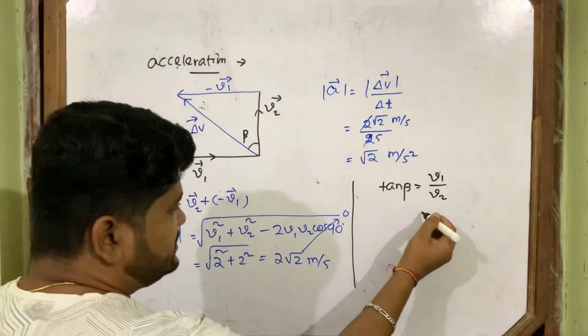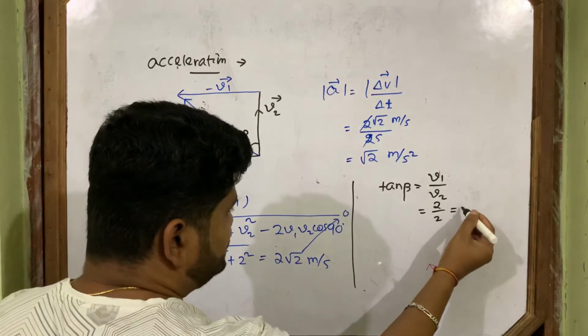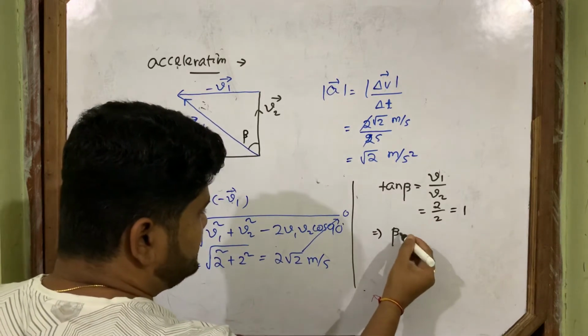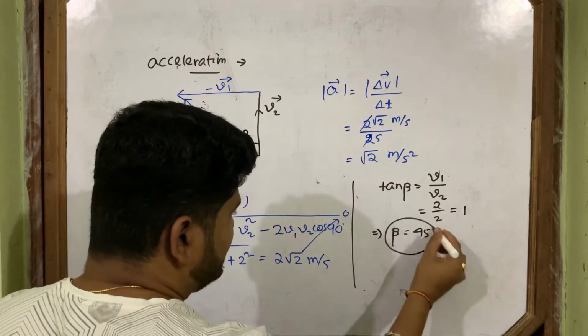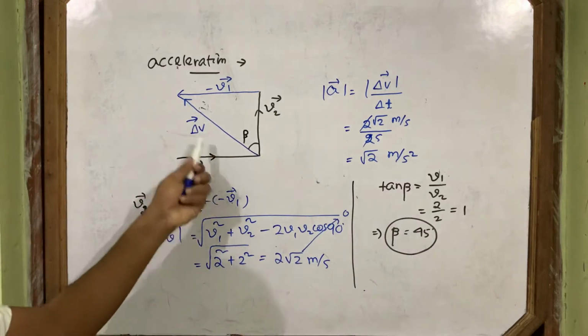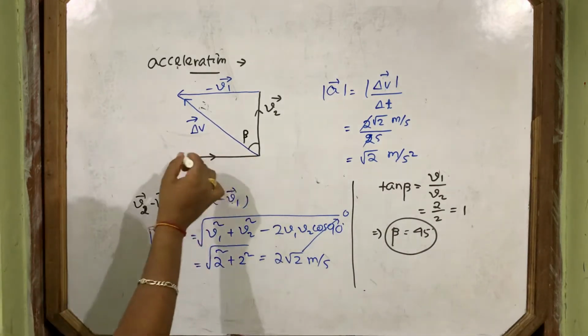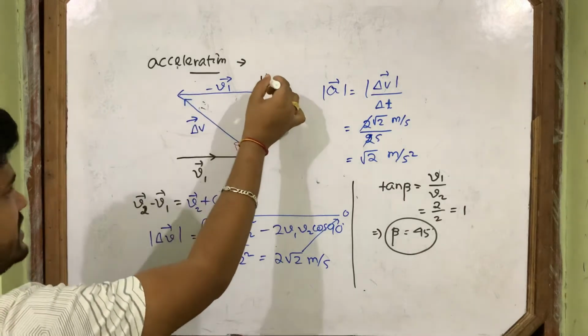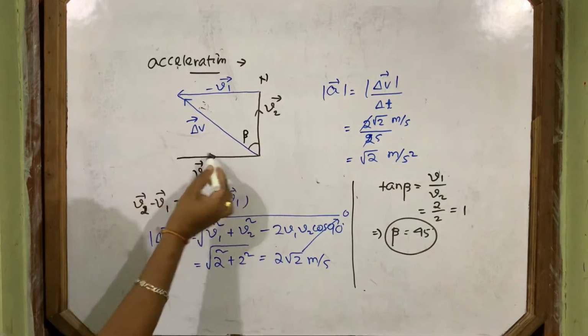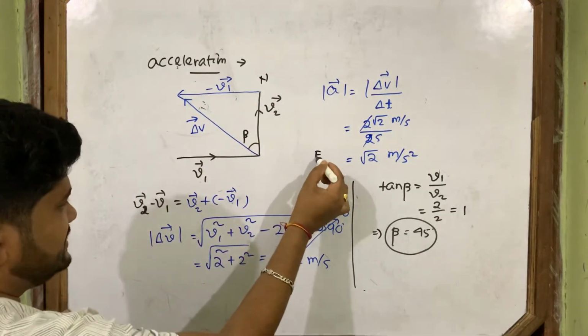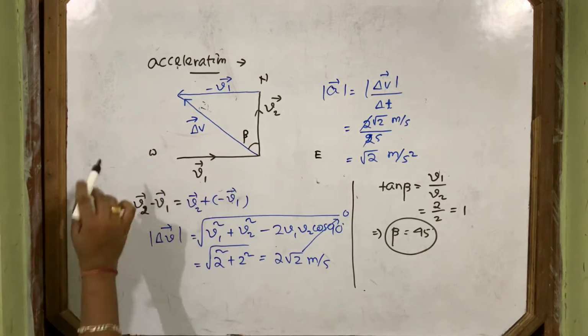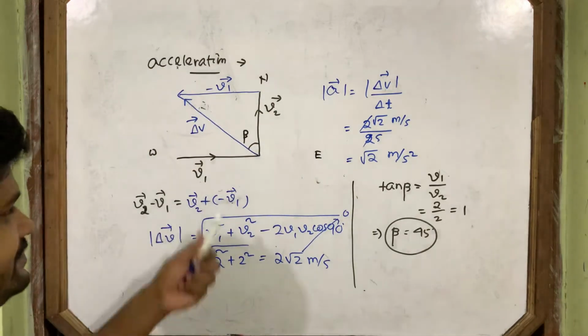Only the magnitude we take, both are 2 by 2, it becomes 1. So beta is equal to 45 degree. So what is this direction? This is the north side and this side is west, this side is east. So it will be northwest.